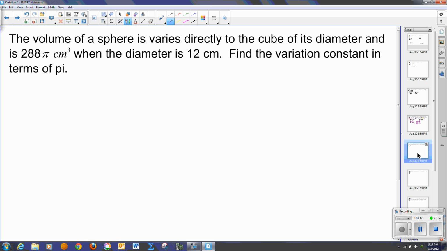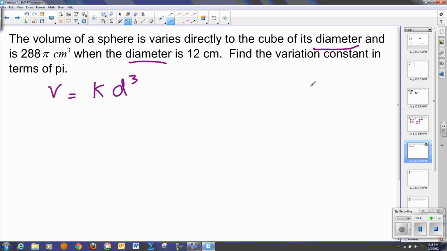Moving forward, now I have the volume of a sphere varies directly with the cube of its diameter. Keyword in this case, diameter, because we need to find out if they're going to give us a radius or a diameter. And in fact, they're giving us a diameter, so we can read this straight away. So it says the volume varies directly, so that's k, with the cube of the diameter, so D cubed.